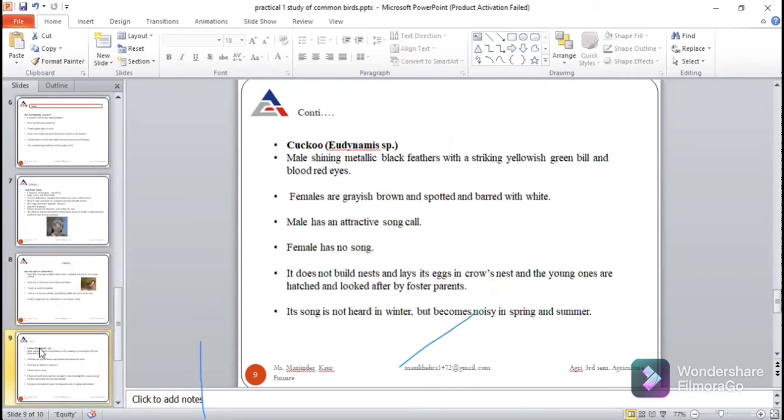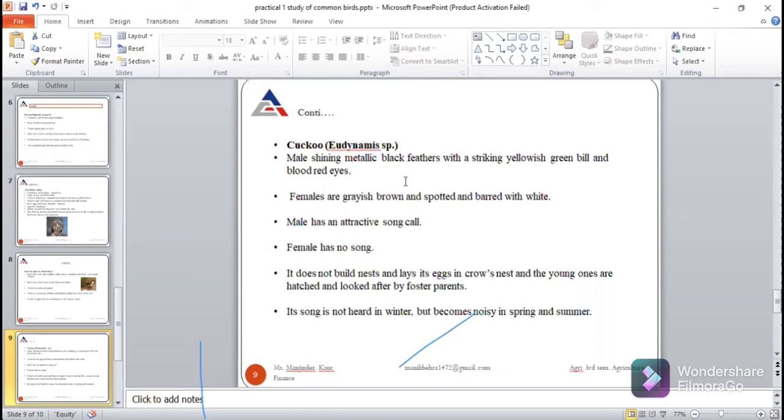Next bird is the cuckoo. The scientific name of the cuckoo is Eudynamys species, and it has shiny metallic black feathers with a striking yellowish green bill and blood red eyes, and the females are grayish brown in color. The male has an attractive song, whereas the female has no song, and generally they do not build their nests.